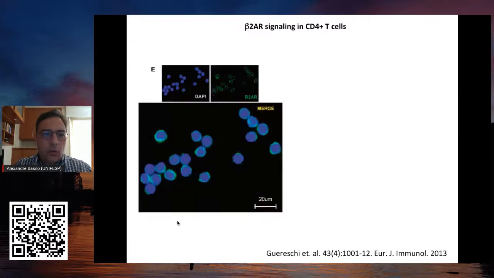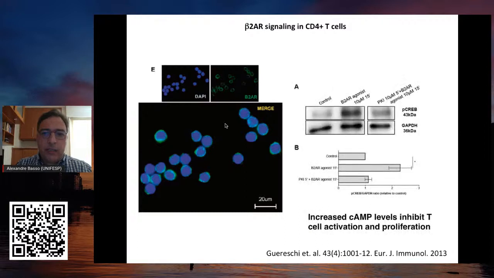And this is exactly what we found in CD4 T cells. So here you can appreciate expression of beta-2AR on the surface of CD4 T cells, sorted naive CD4 T cells. And upon activation of beta-2AR in these cells, what we found was increased CREB phosphorylation that occurs in a PKA-dependent manner.